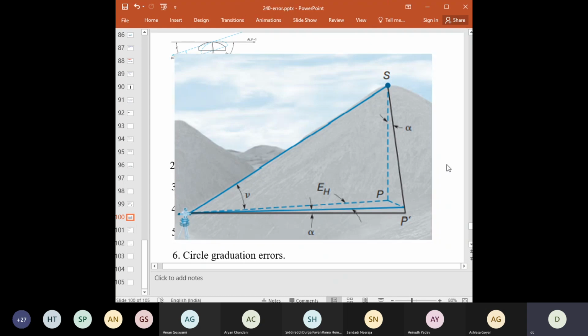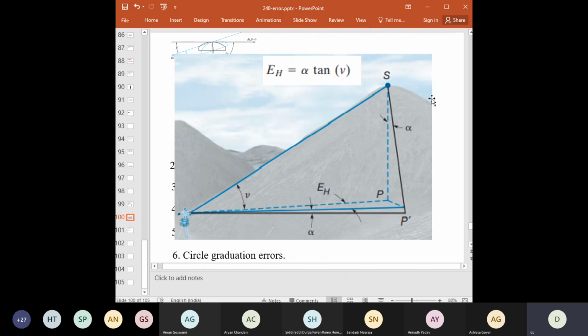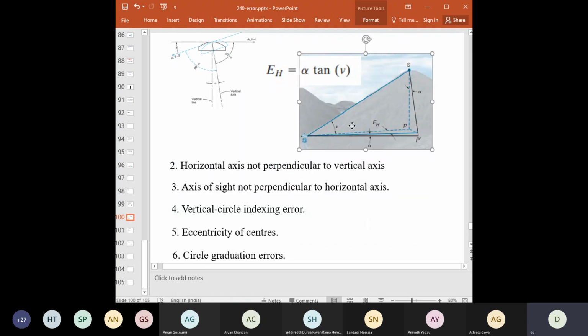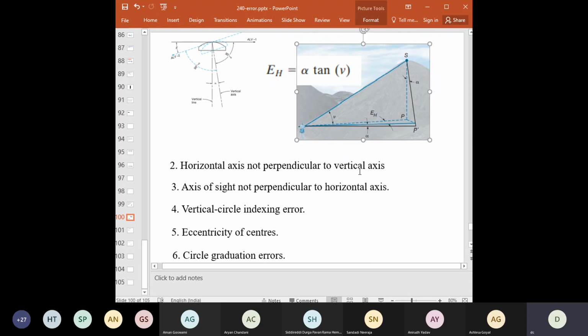So EH is alpha tan nu, and nu is the altitude angle for point S. This calculation is very important so as to minimize the errors in a misleveled or wrongly leveled instrument.